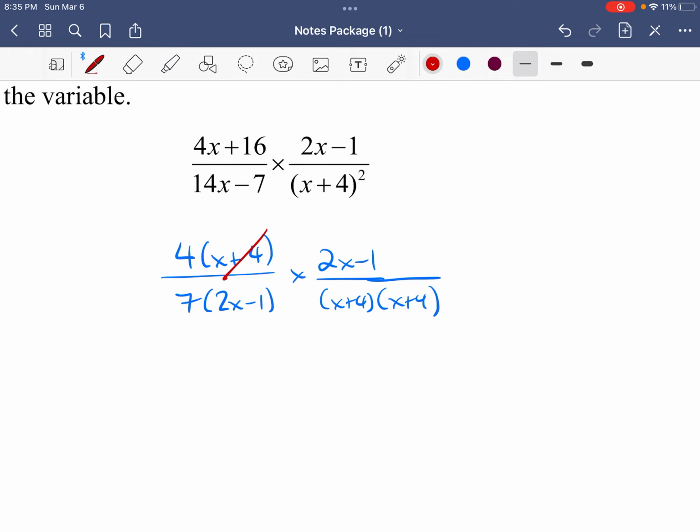All right, x plus 4 will simplify, 2x minus 1 will simplify, and let's write down what we have left. Anything else? Nope. So we've got 4 over 7, and we have an x plus 4 in the denominator. Now restrictions on our variables, x cannot equal 1/2, negative 4, and that's it, because that one gets repeated.